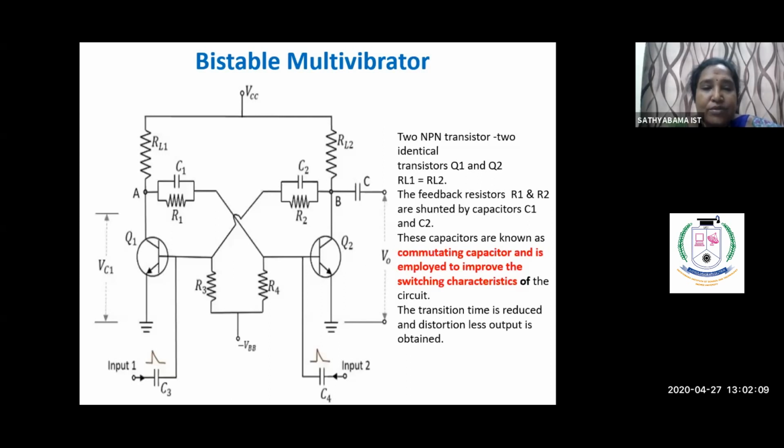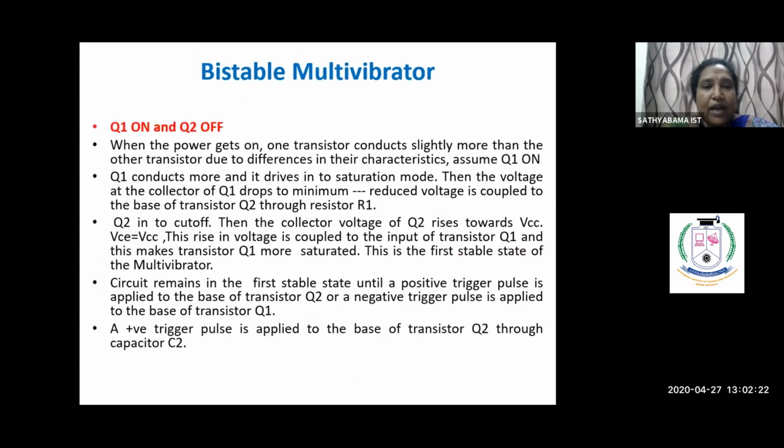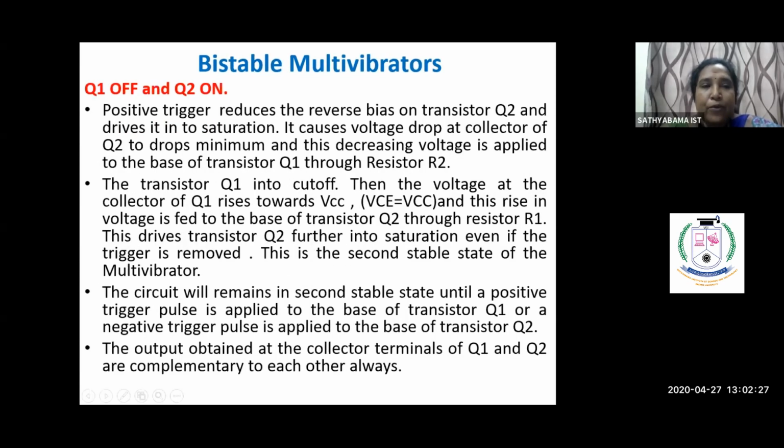So we change Q1 from on to off and Q2 from off to on. This is the first state change. Q1 is on and Q2 is off, and the next state is Q1 off and Q2 on.